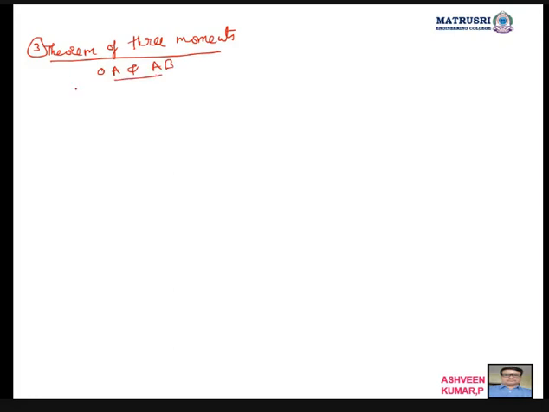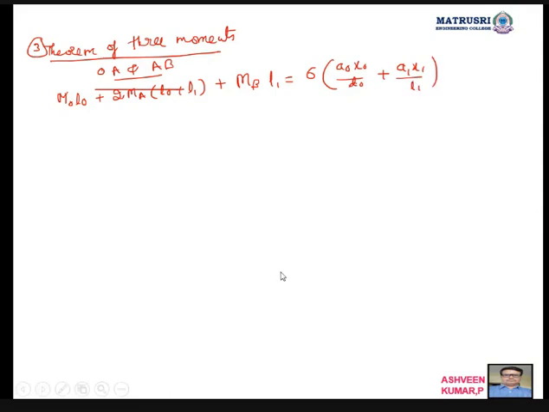So using the formula M0 L0 plus 2MA (L0 plus L1) plus MB into L1 is equal to 6 times A0 X0 by L0 plus A1 X1 by L1. Clear?